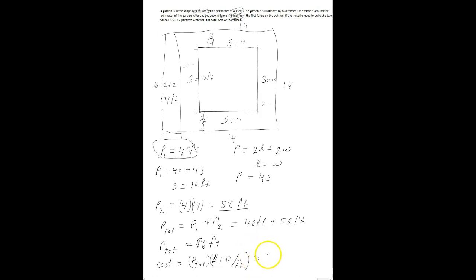So the total perimeter is 96 feet times $1.42 per foot. So our feet cancel out here, and we have 96 times $1.42, so our cost, 96 times $1.42, is $136.32. So the total cost for both fences is $136.